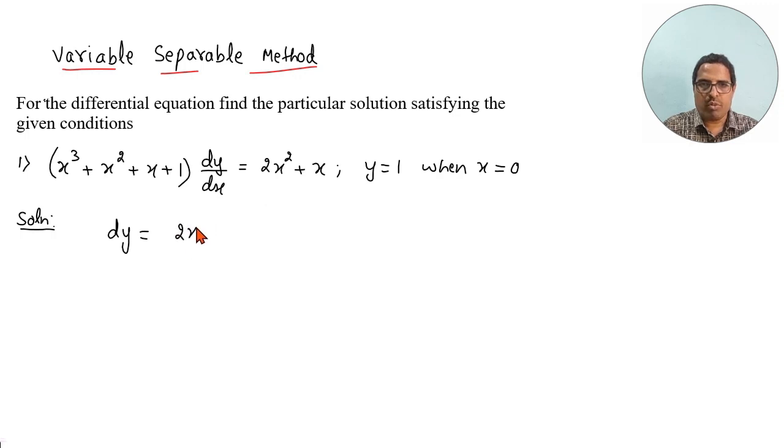So this term remains the same, 2x square plus x, and dx is cross multiplied there, and x cube plus x square plus x plus 1 also you can cross multiply. It becomes divided by x cube plus x square plus x plus 1.